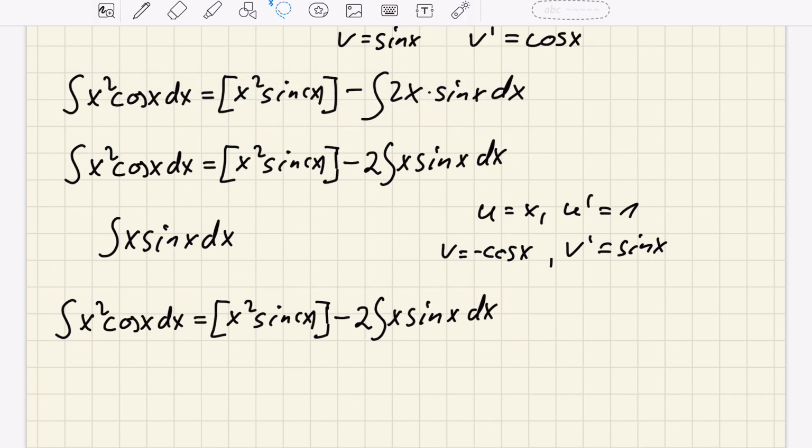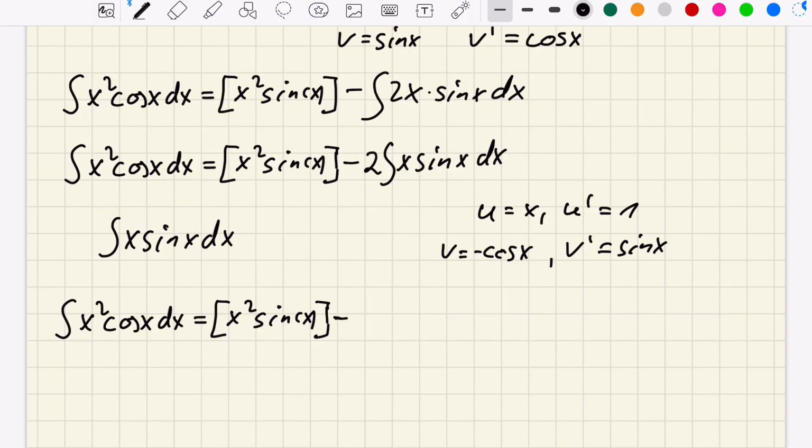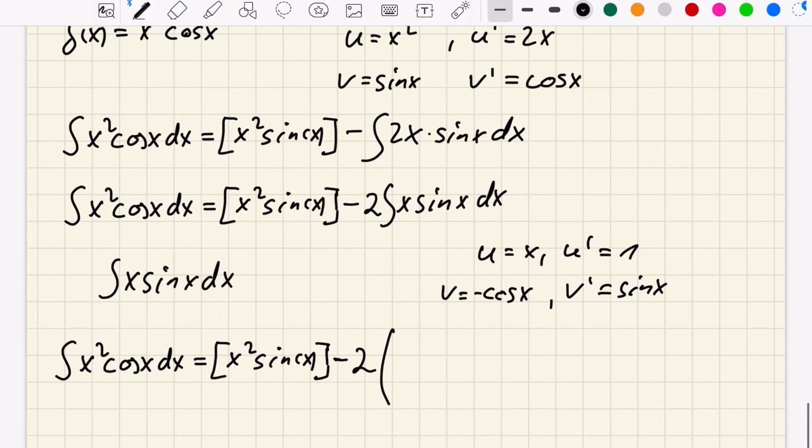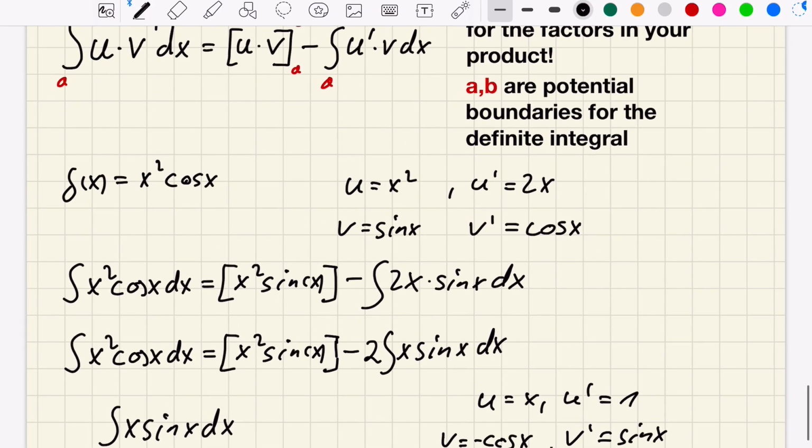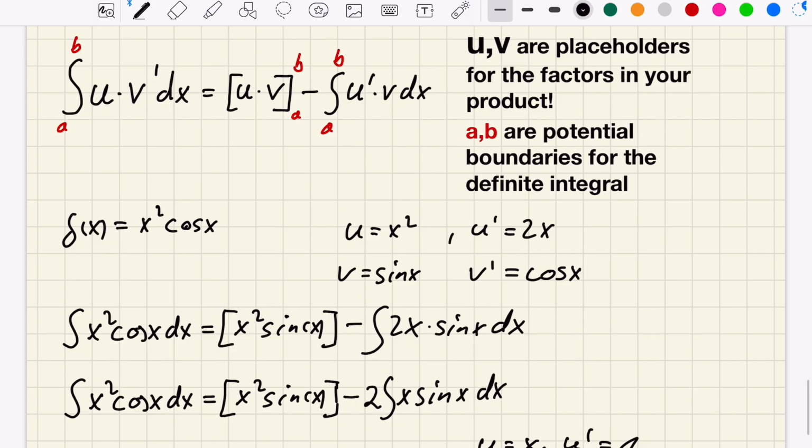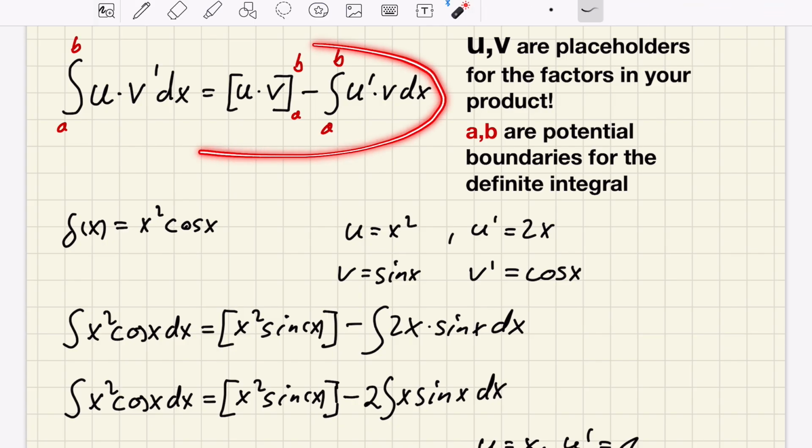Put it in there. Okay. So minus 2 times. And now we go through this formula again.